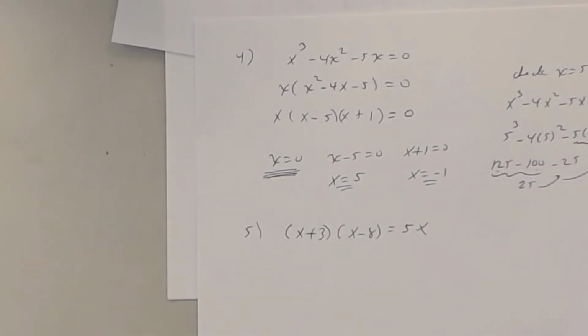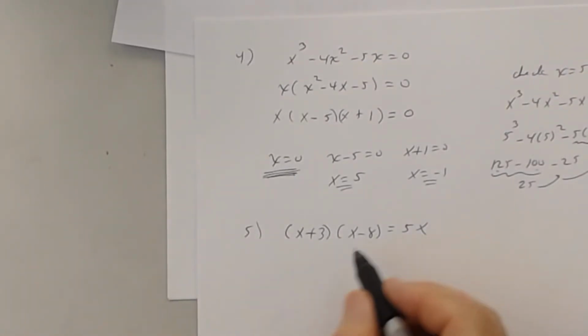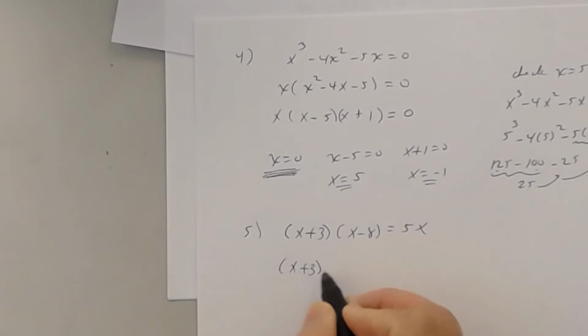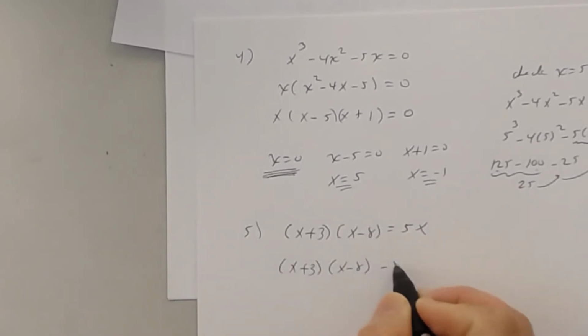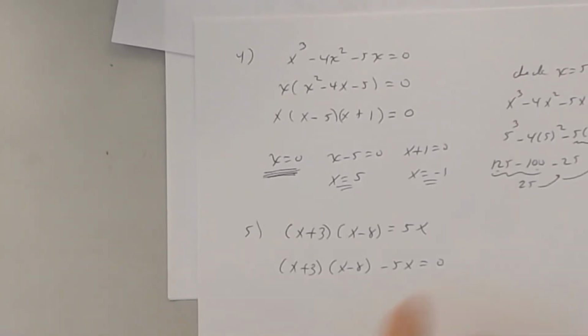So, all right, so she wants to subtract 5x. So let's see what happens if you subtract 5x. I get this. x plus 3 times x minus 8 minus 5x equals 0. So I have 0 on the other side, right? But what are my factors? Do I have a product of factors that's equal to 0? Do I have that? So you're telling me that when I read it all out, it's going to be some factor times some factor equal to 0.